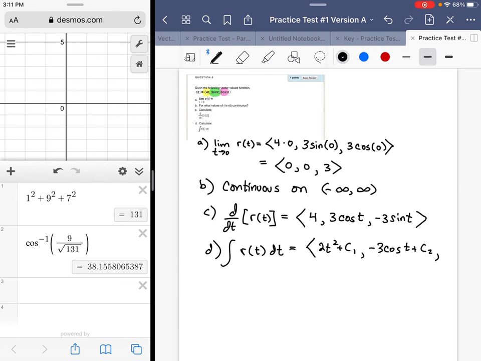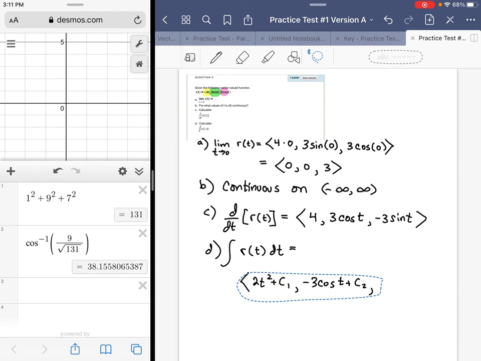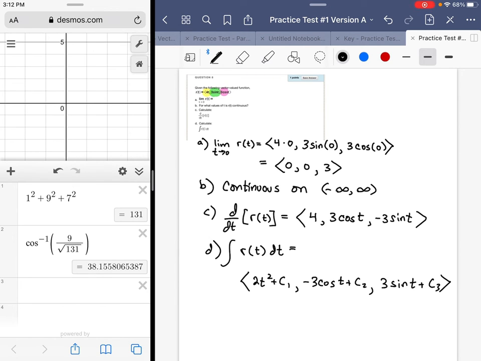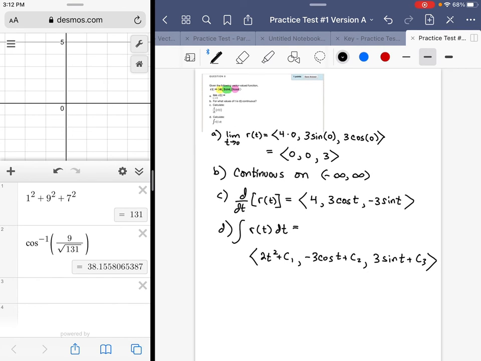And then antiderivative of cosine is sine. So 3 sine of t plus my third integration constant, or the integration constant associated with the third dimension. Either interpretation is correct. All right, so there you have it. Again, we're not bothering with the curvature question for this unit, so that's all she wrote.